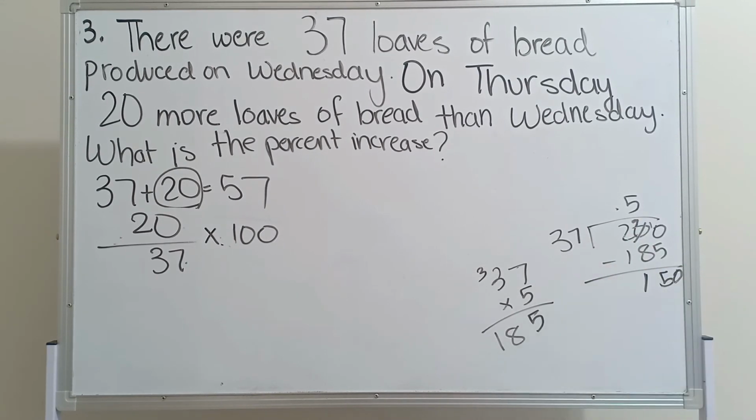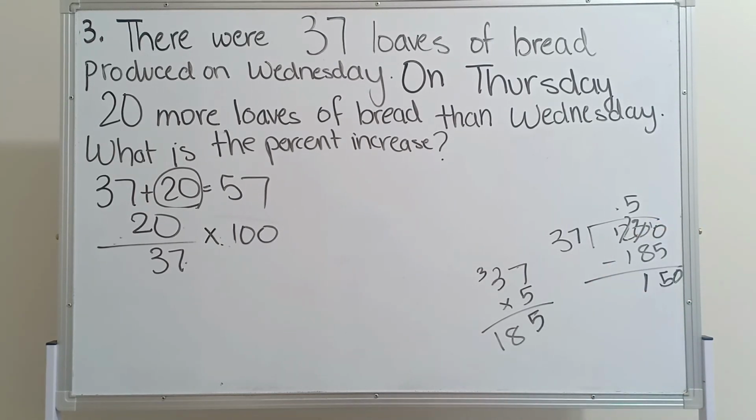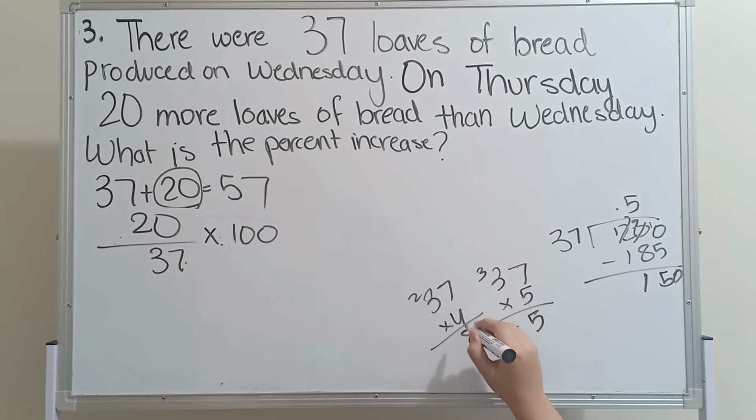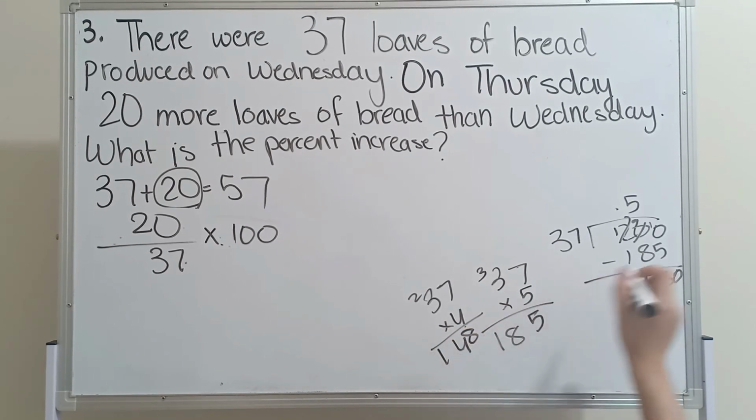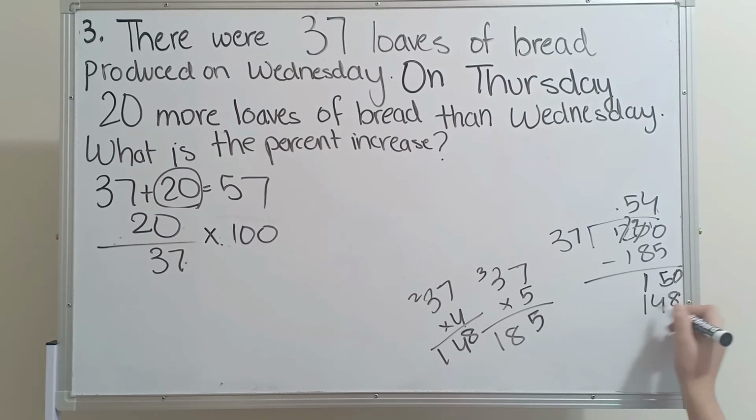So we have 150 here because this will become 1 here. So let's say 37 times 4. So we're just going to do that and we will get 148. So 37 times 4 is 148. We subtract, we will get 2 again.